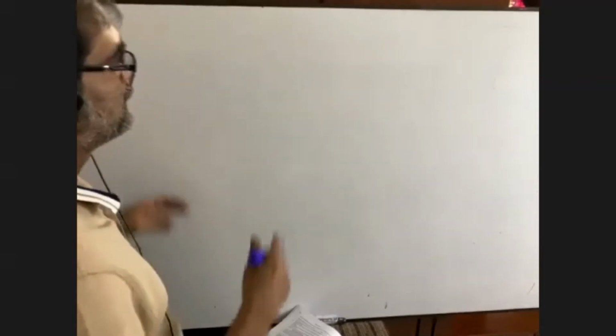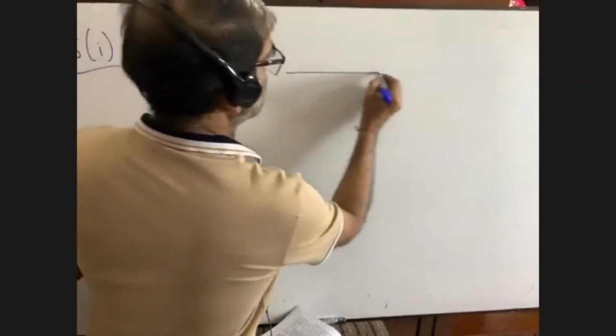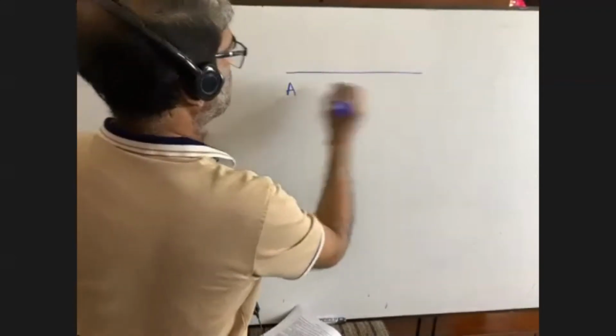Now we are going to do the most important math of this exercise, 5-1. I repeat, the most important math of this exercise. A and B are two points.